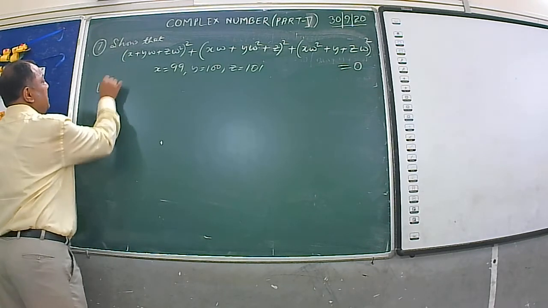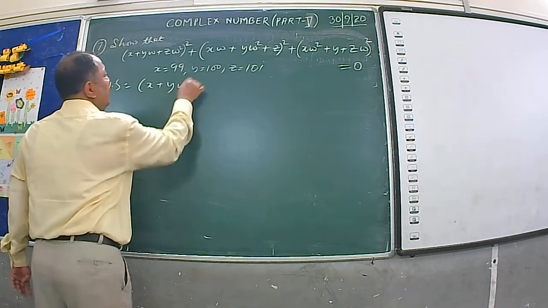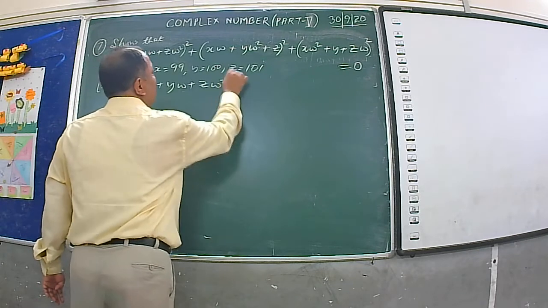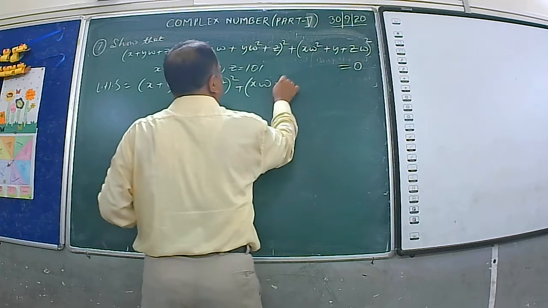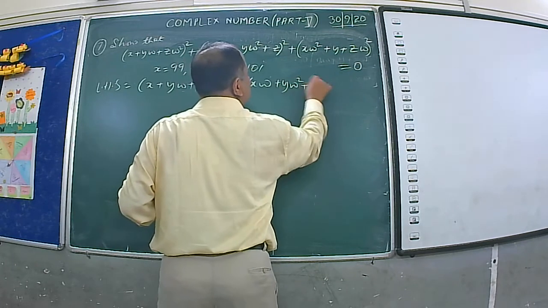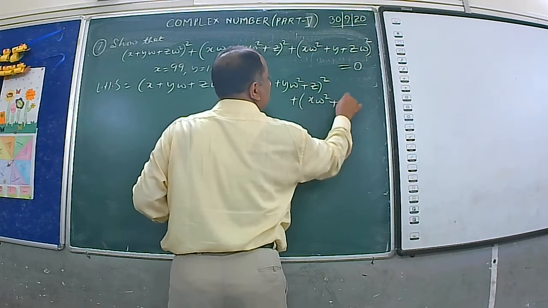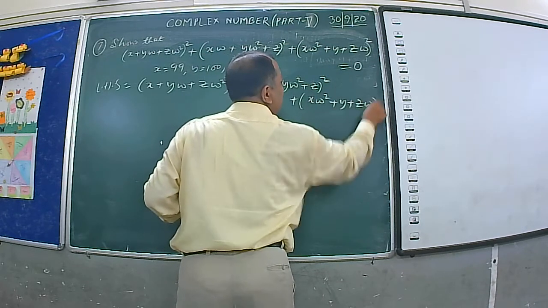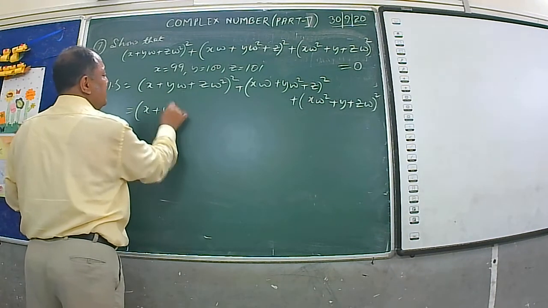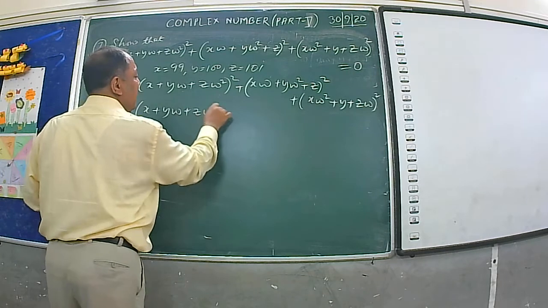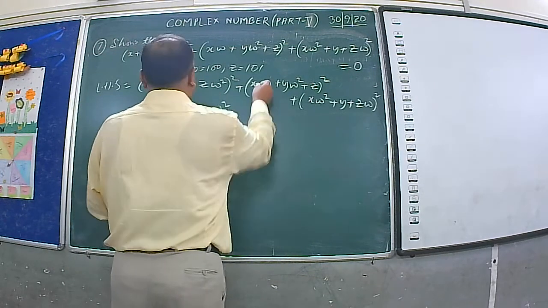So I start with the left hand side: x plus y omega plus z omega square whole square, plus x omega plus y omega square plus z whole square, plus x omega square plus y plus z omega whole square. Keep the first term as it is without changing any term of it. I take omega common from the second term.